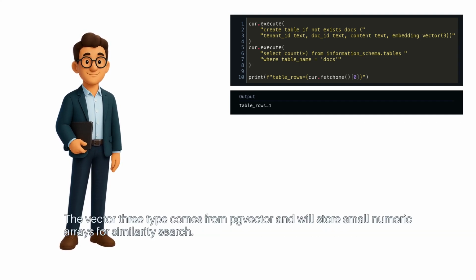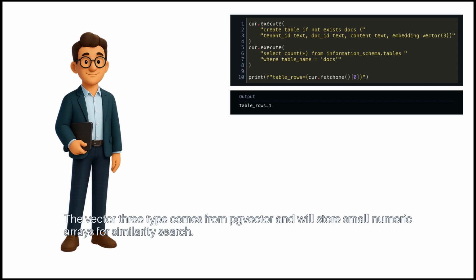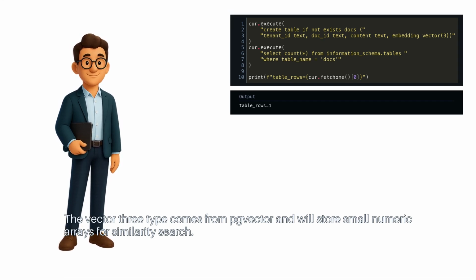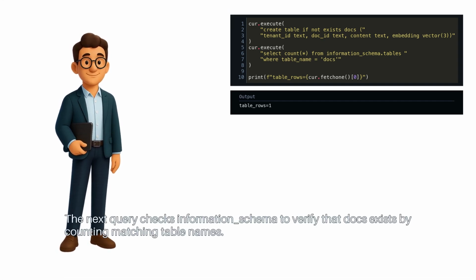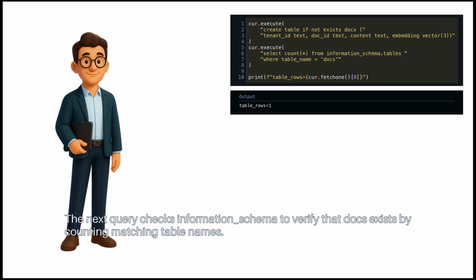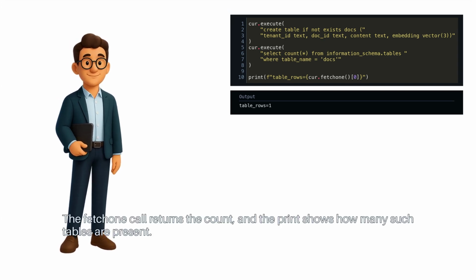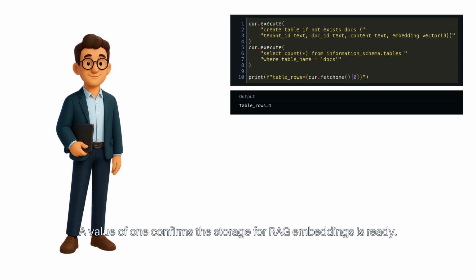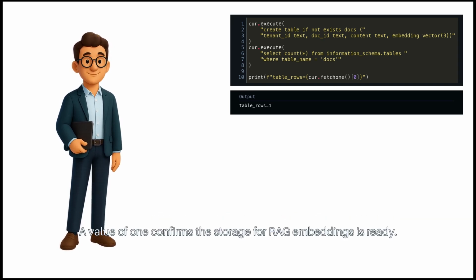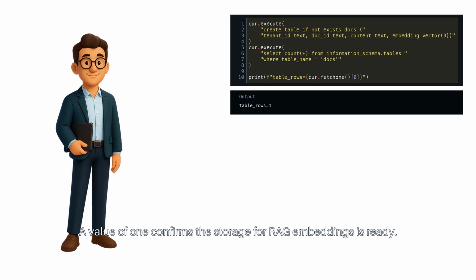The vector3 type comes from pgvector and will store small numeric arrays for similarity search. The next query checks information schema to verify that docs exists by counting matching table names. The fetch1 call returns the count, and the print shows how many such tables are present. A value of 1 confirms the storage for RAG embeddings is ready.